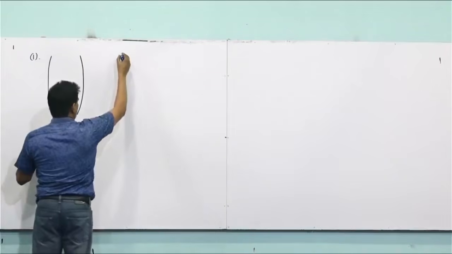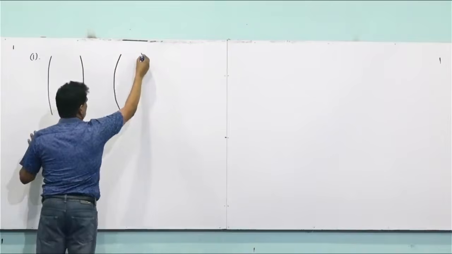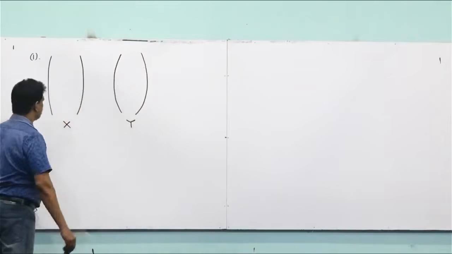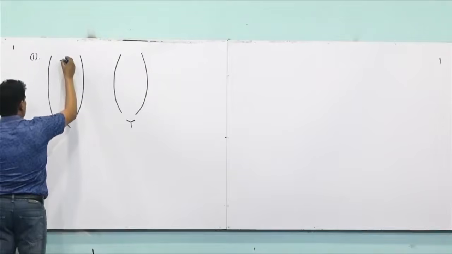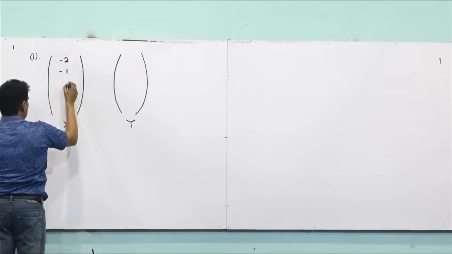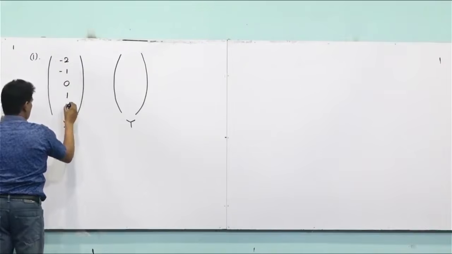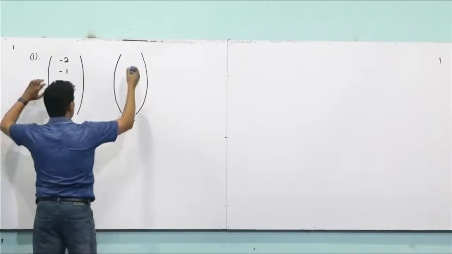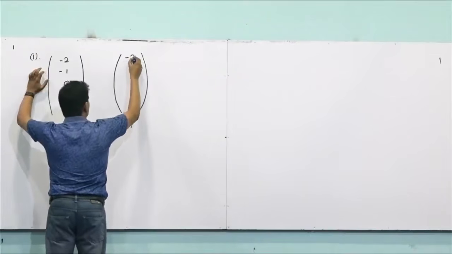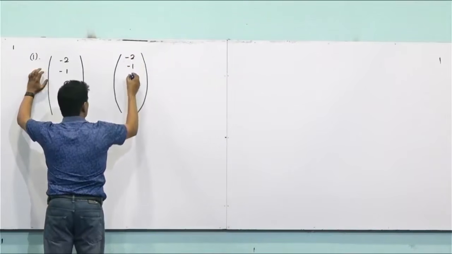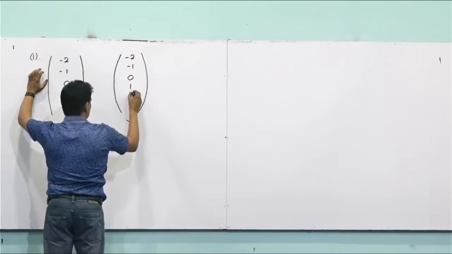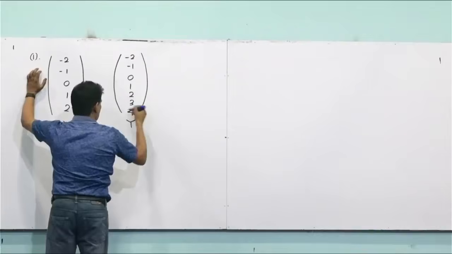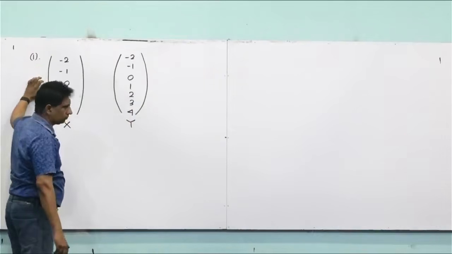This is capital X set. This is capital Y set. These are the elements -2, -1, 0, 1, 2. These are the elements of set Y.